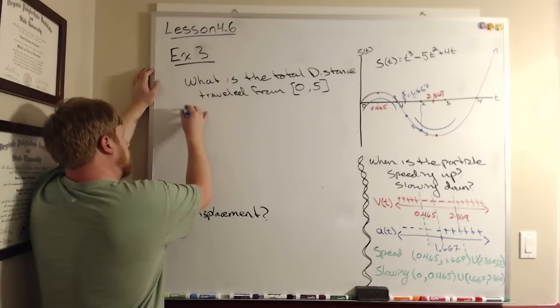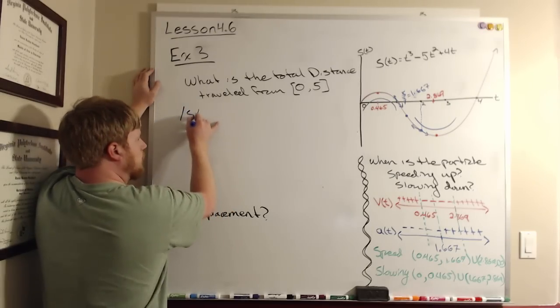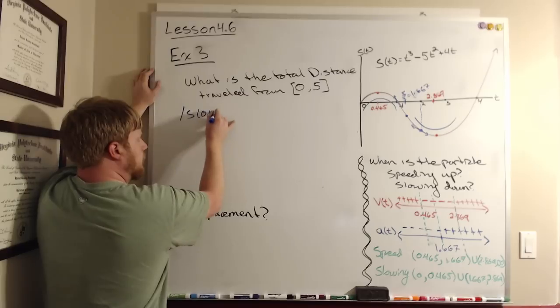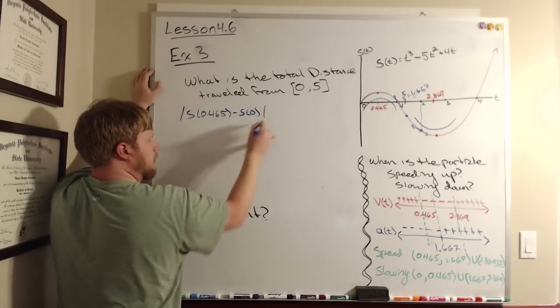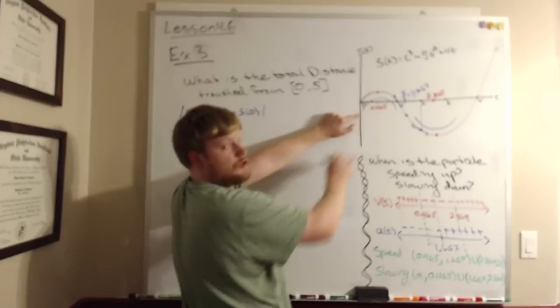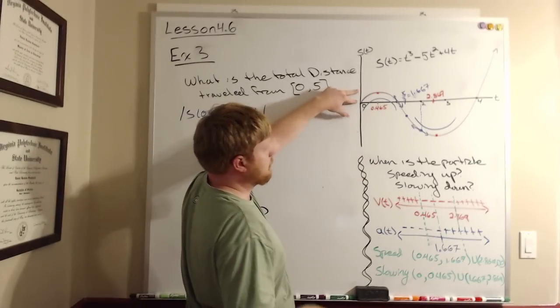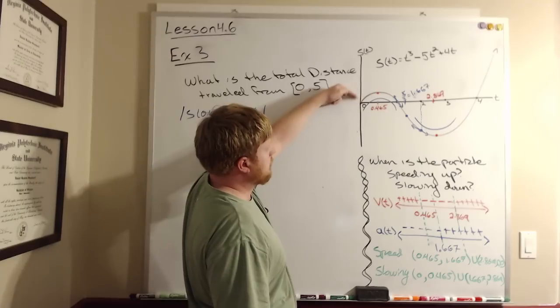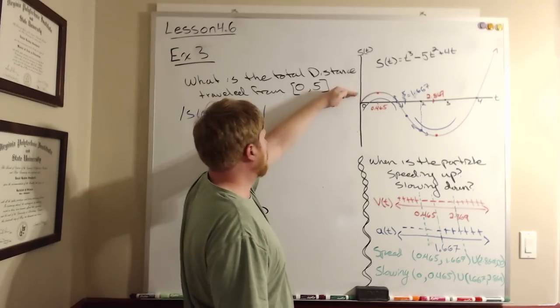So we'll go with the absolute value of the position at 0.465 minus the position at 0. That gives me this distance traveled. Okay? Or this distance traveled. Because distance is represented on my vertical axis. So that distance traveled.